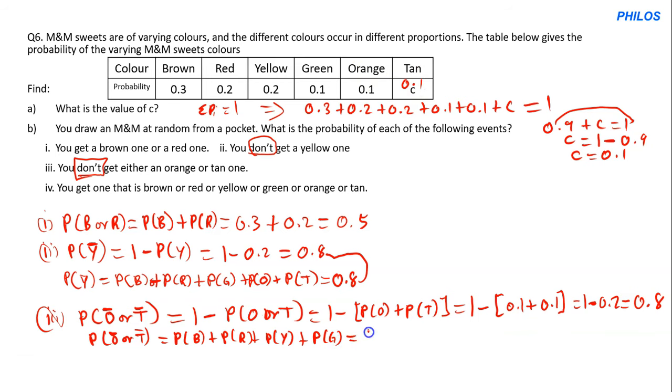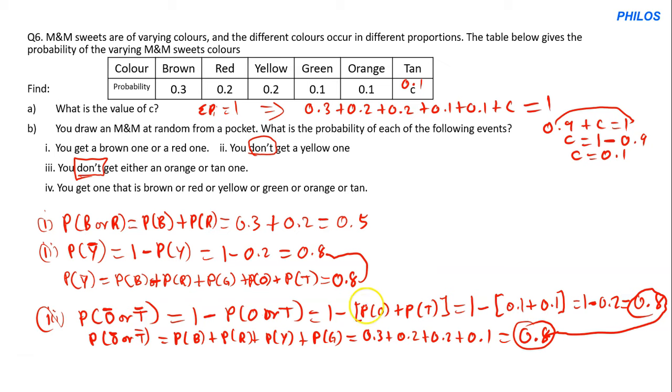So what is the probability of getting a brown? 0.3 plus a red is 0.2 plus a yellow is 0.2 plus a green is 0.1. So 0.3 plus 0.2 is 0.5 plus 0.2 is 0.7 plus 0.1 is 0.8. So you see that we get the same answer for this and this.